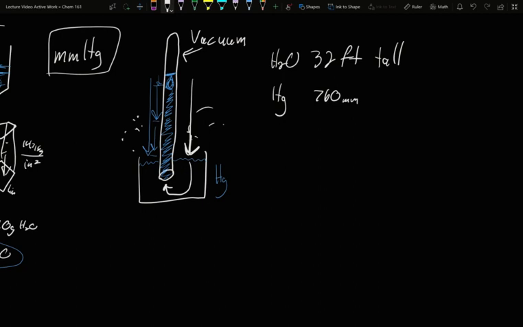So you get the same opposing weight with far less height. If you have 1 atmosphere on the outside, what height of mercury would have the exact same opposing force was 760 millimeters of height. And this is where the millimeters of mercury unit actually comes from.